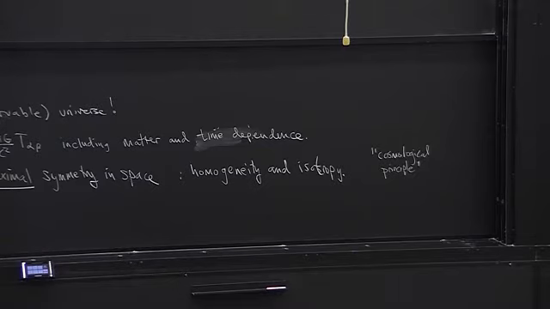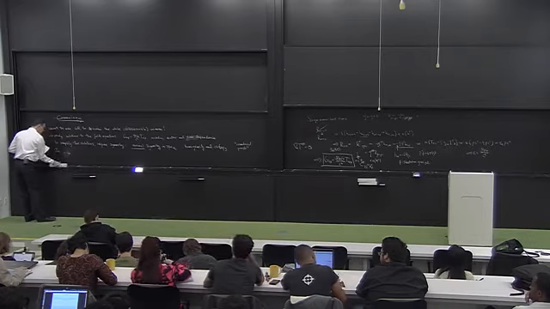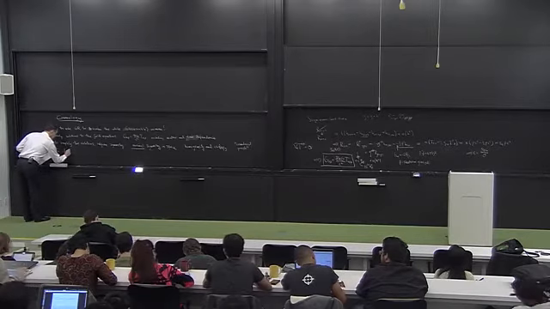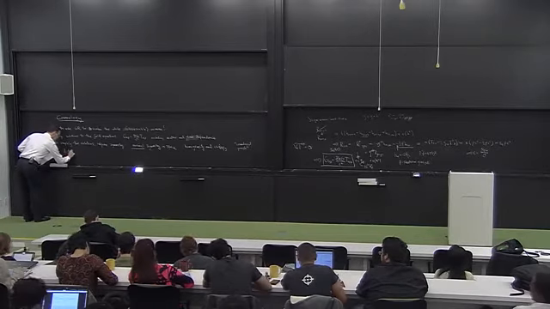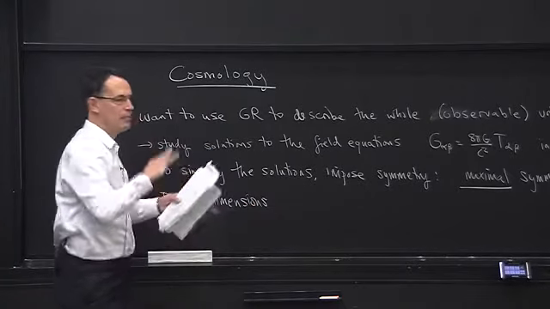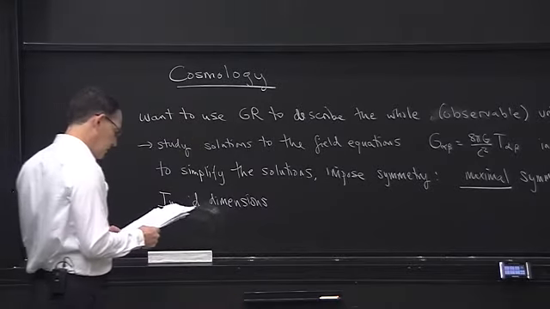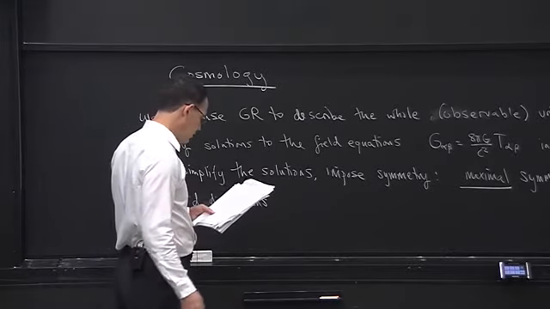So in d dimensions, actually, let's call it little d. So the idea of the cosmological principle was to say that the spatial part of the metric is maximally symmetric. No point is different than any other, and no direction is different than any other.